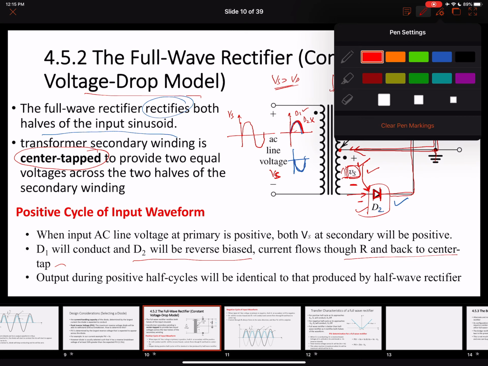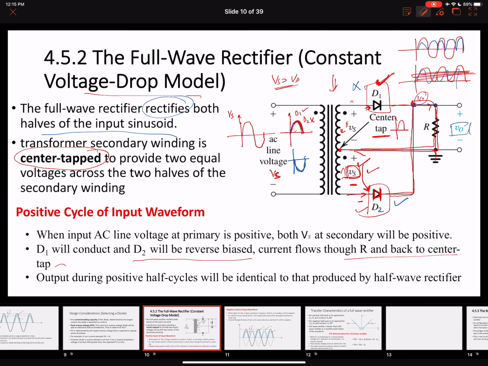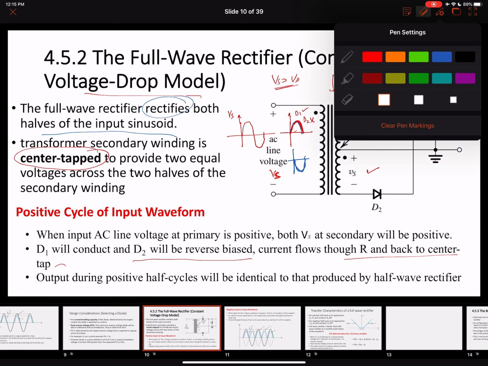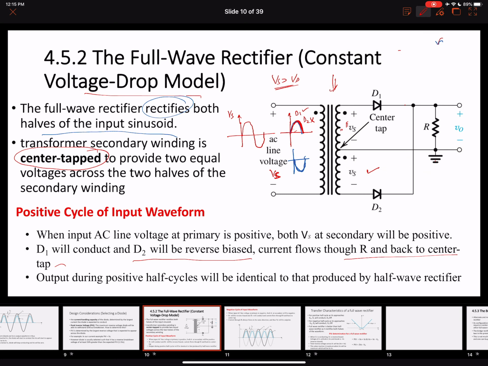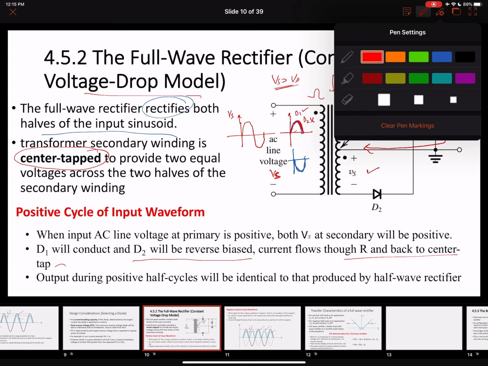So let me again quickly show. When the positive cycle comes, this will conduct, and this is our flow of the current.